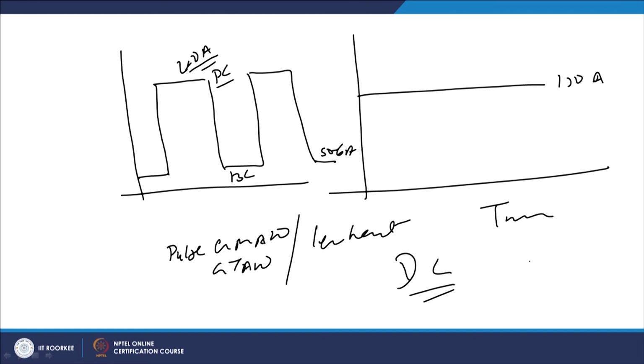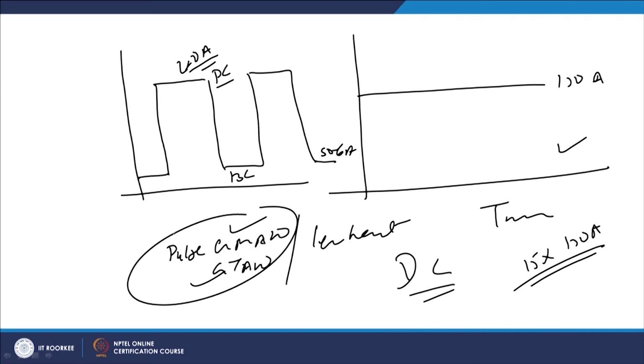If we use, like, the same average current value of 150, then we find that the heat input is more in case of conventional gas metal arc welding or gas tungsten arc welding, while in case of pulse GMAW and pulse GTAW, heat input is less.